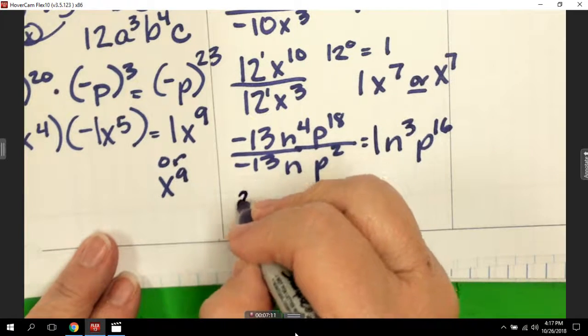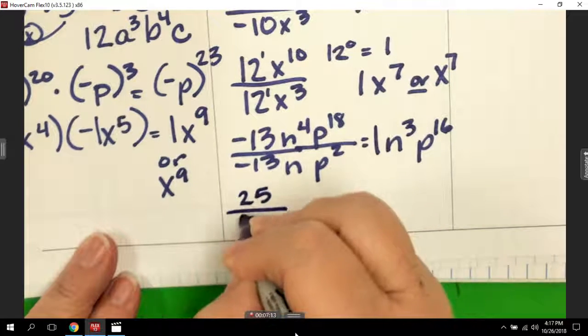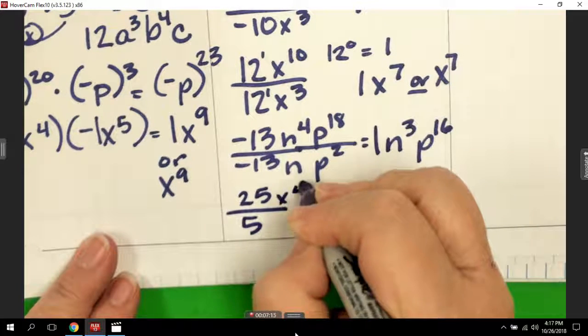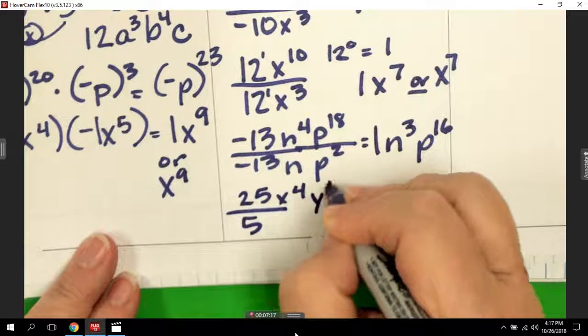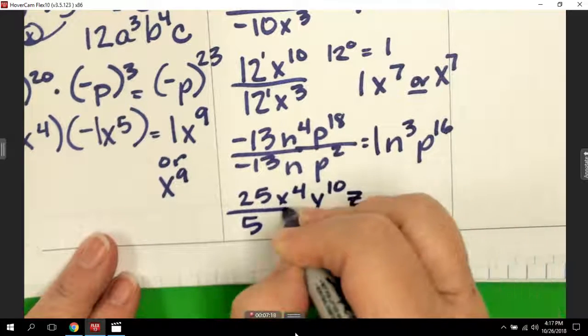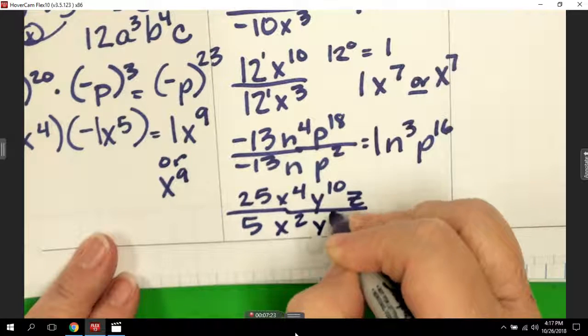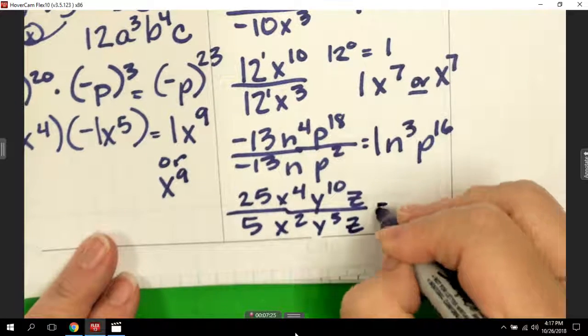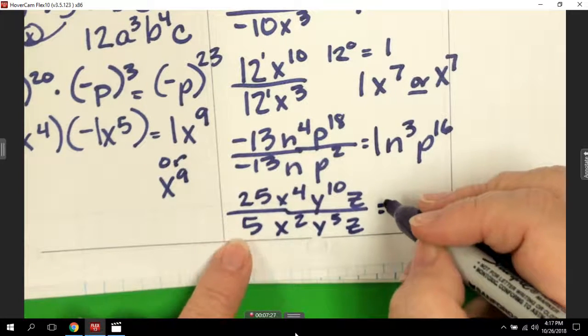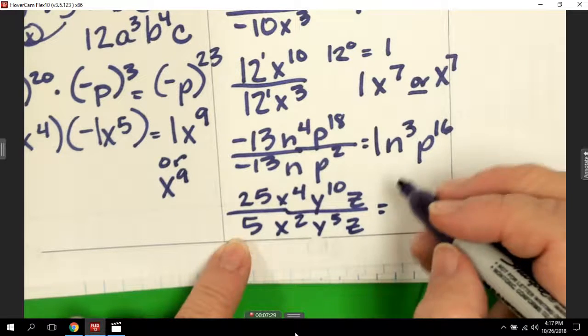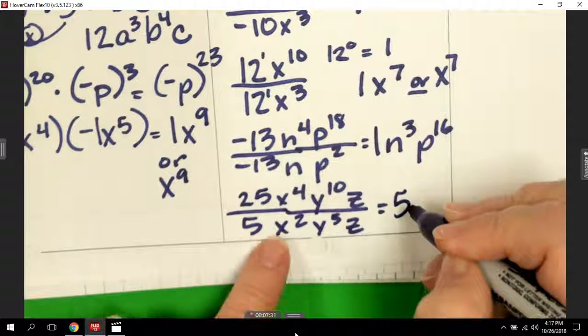And our last example. 25 divided by 5, they don't match, so we're going to divide as usual, and that's 5.